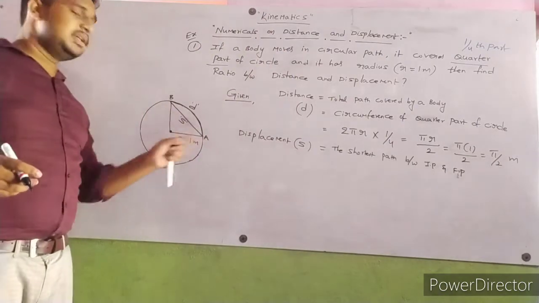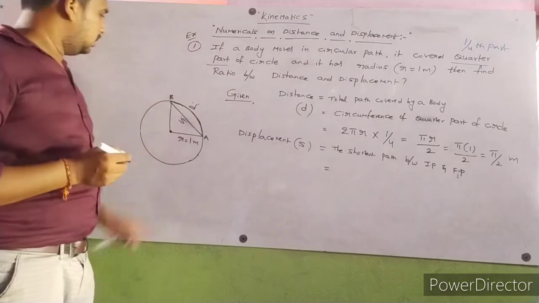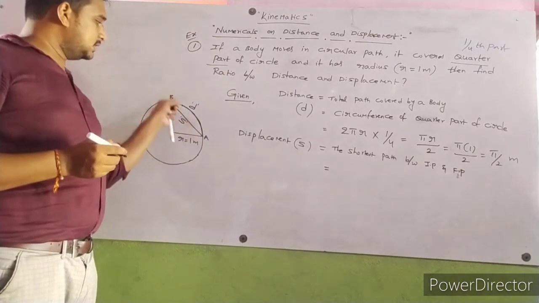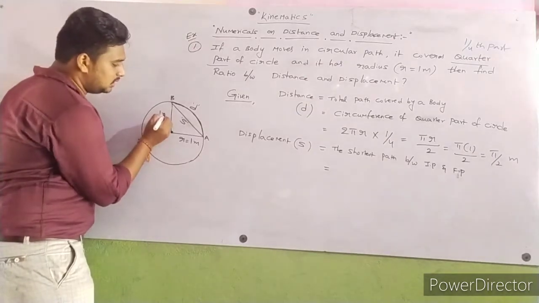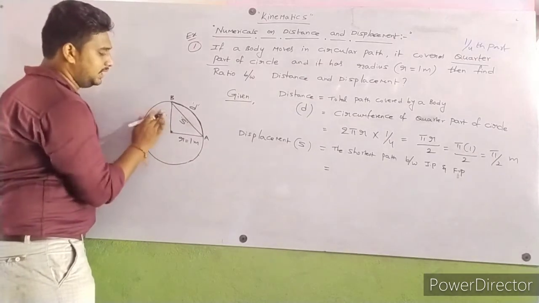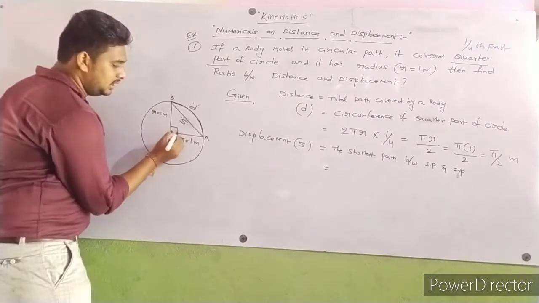So how do we find this displacement s value? Already you know this is 1 meter, because this is also a radius, and this radius is equal to 1 meter. Observe carefully.